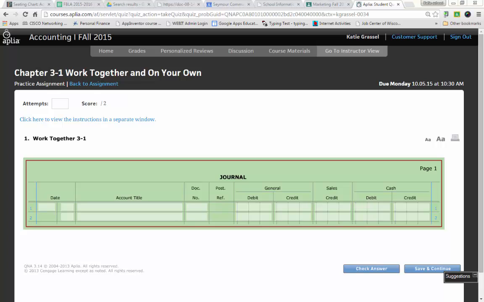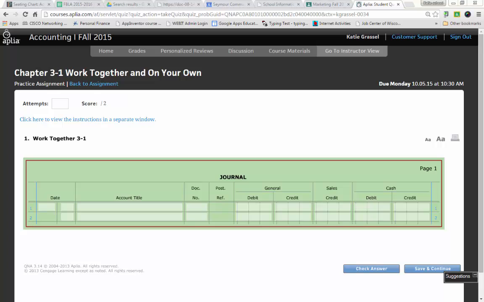Now, when I go through to use this journal, what I need to realize is anytime I journalize a transaction, I'm always going to have two accounts, paid cash or rent. Okay? So my two accounts are going to be cash and rent. Now, the next type of question you have to ask yourself in order to journalize this transaction or record this transaction is, of those two accounts, is there a special column for any of them?